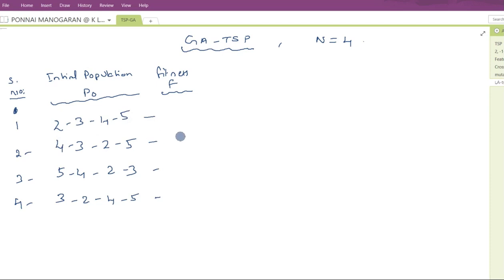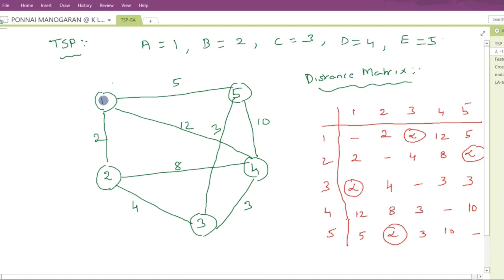So the first path is 1 2 3 4 5. Therefore 2 plus 4 is 6, 6 plus 3 is 9, 9 plus 10 is 19, 19 plus 5 is 24.